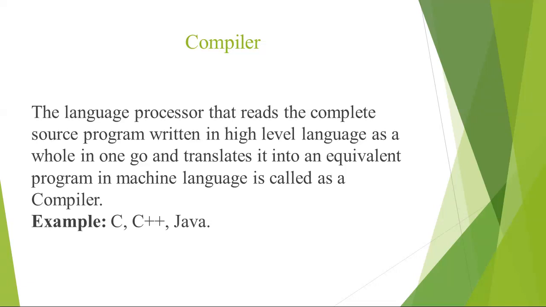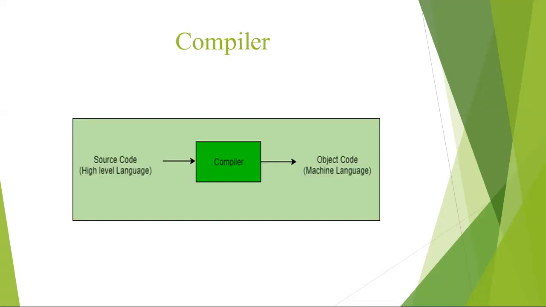We know that a program written in a high level language is called a source program. The source program or source code is converted into object code or machine language program by the compiler. In high level programming languages such as C, C++ and Java, compilers are used.